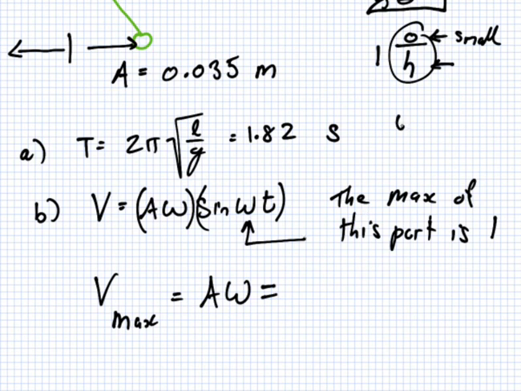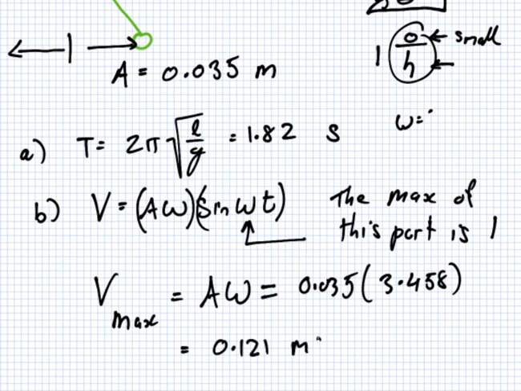So my omega is 2 pi over T. Times 0.035. My omega was 3.458. So the maximum velocity is 0.121 meters per second.